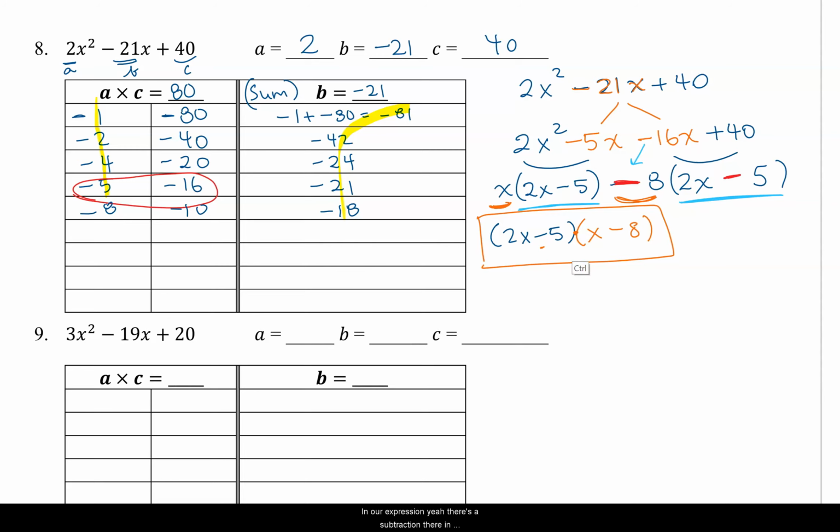Yes, there's a subtraction there and a subtraction there, but those aren't the main operations. The multiplication in the middle is. So keep practicing, make mistakes, correct mistakes, keep working on it, and we'll take a look at factoring special products next.